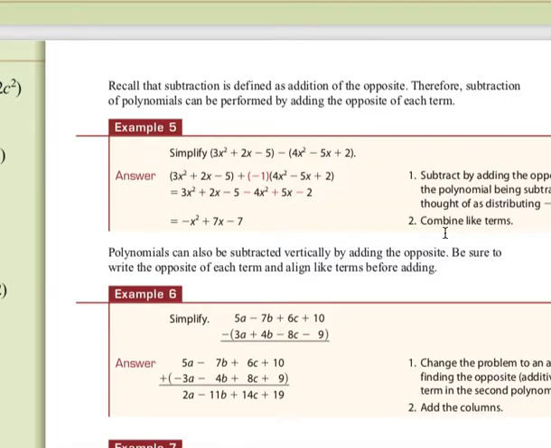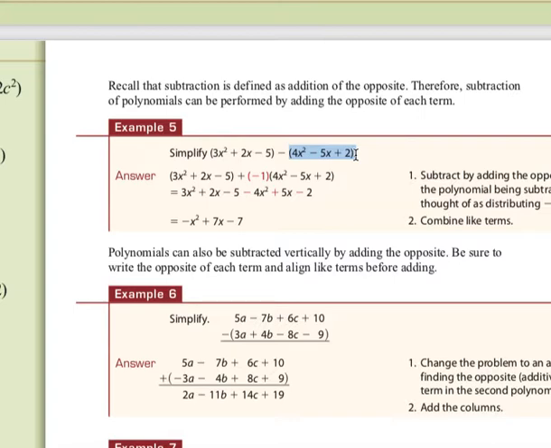Okay, so starting with example 5, our steps are going to be the same. We need to remove the parentheses, but because we're subtracting, everything on this side is going to be the opposite, right? So remember that when you're subtracting anything, you're adding the opposite.